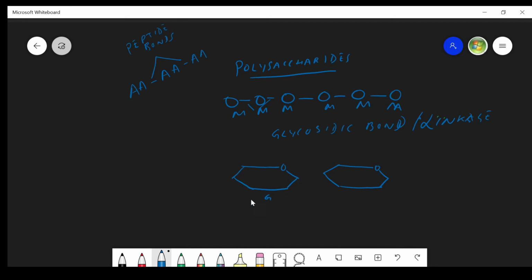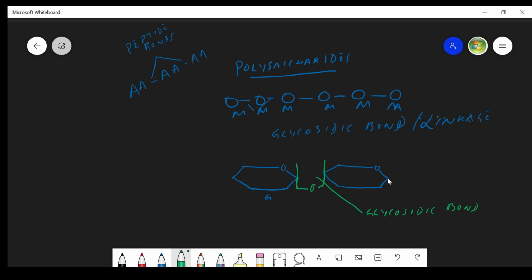Now if it is linked by this O, then we call it a glycosidic bond or glycosidic linkage.